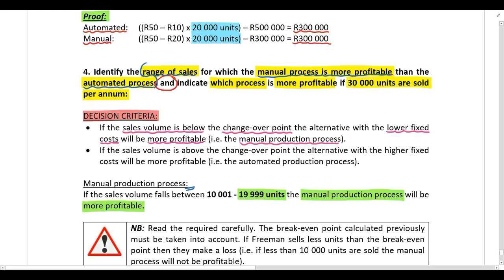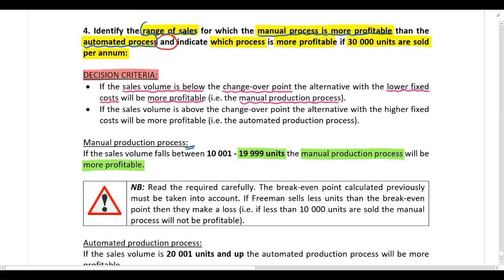So obviously, if the manual production process is used, the process will only be profitable if Freeman sells more than the break-even point. So the range of sales where the manual process is more profitable will be between 10,001 and 19,999 units. All right, so please don't get confused over here, guys.